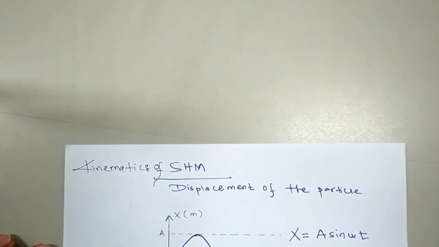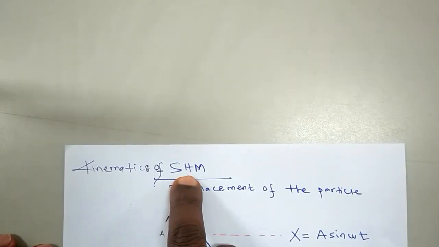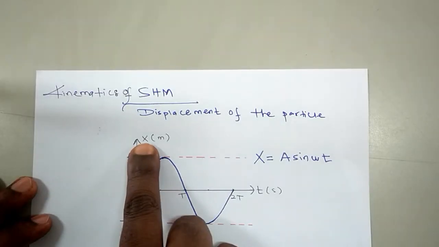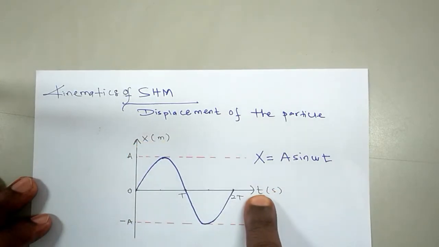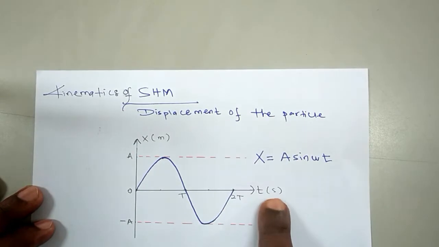In this section, we're going to see the kinematics of simple harmonic motion for displacement of the particle. x is displacement, t is time. Displacement in meters, time in seconds.